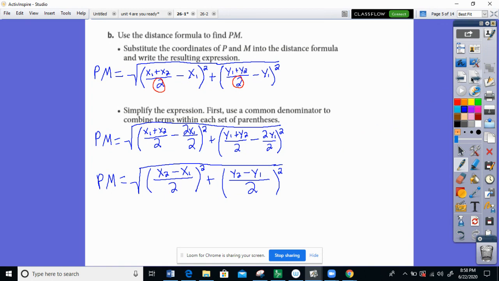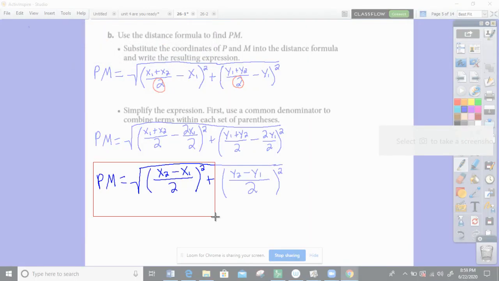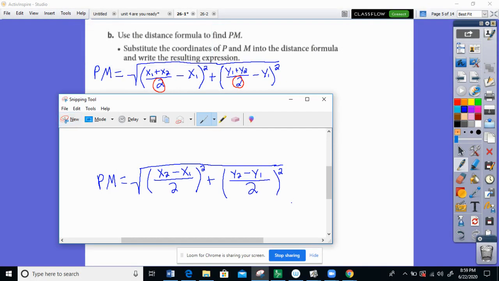Okay, the last thing that they want us to do is simplify so that there are no fractions under the square root sign. Now I'm going to copy this so I don't have to rewrite it onto the next page.